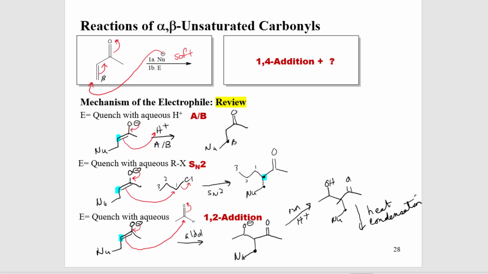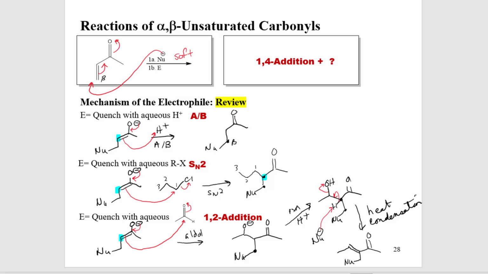As long as you have another alpha proton, maybe the strong nucleophile can act as the base, take off the extra proton and eliminate to give you the double bond that is now conjugated to the carbonyl you started with.